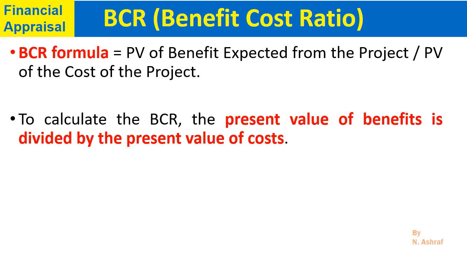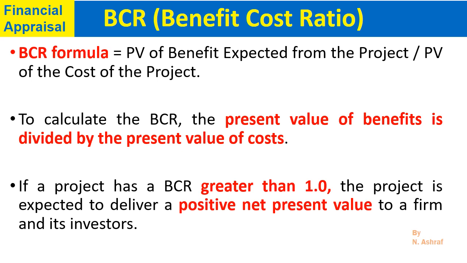To calculate BCR, we need the present value of benefit divided by the present value of cost. I mean, to get the BCR, we only need the present value of all those benefits which we expect to get from that investment or project, and the present value of all the costs which are incurred in that project.